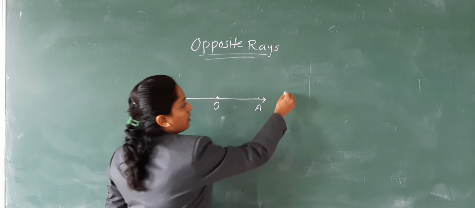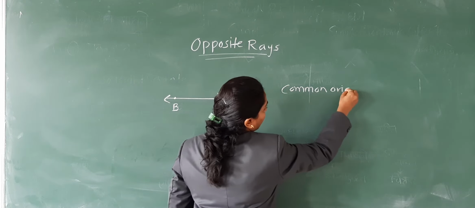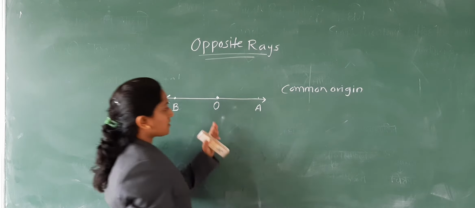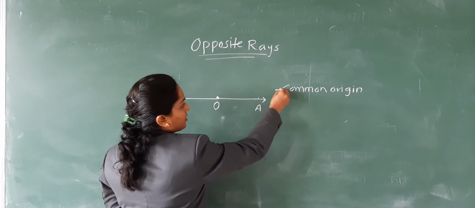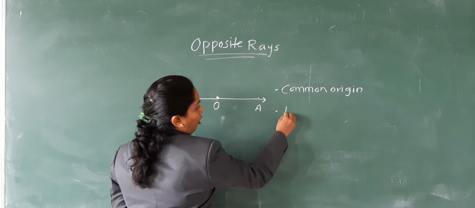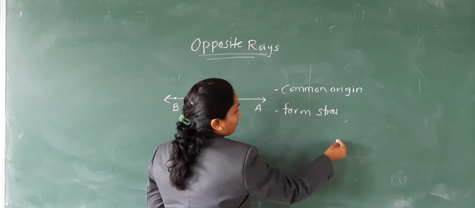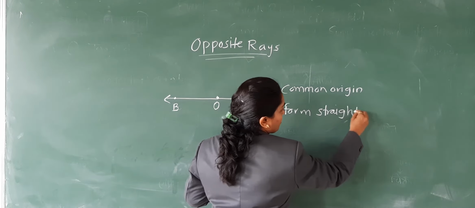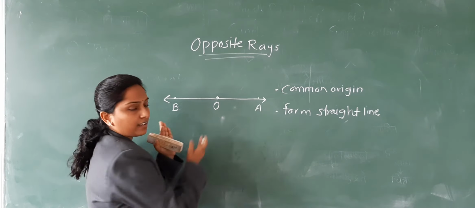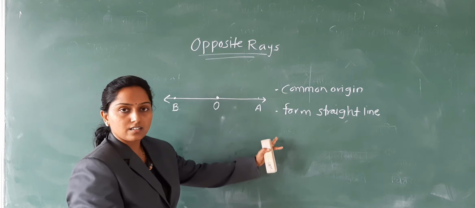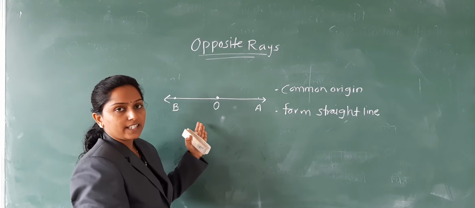There is a common origin, point O, and the second condition is that they form a straight line. Yes, they are making a straight line. So both conditions are satisfied here, and that's why the given two rays are opposite rays.